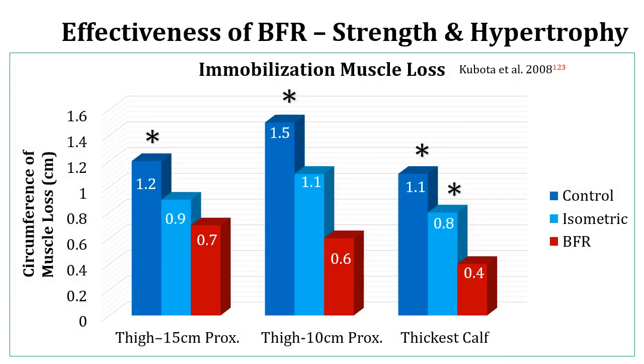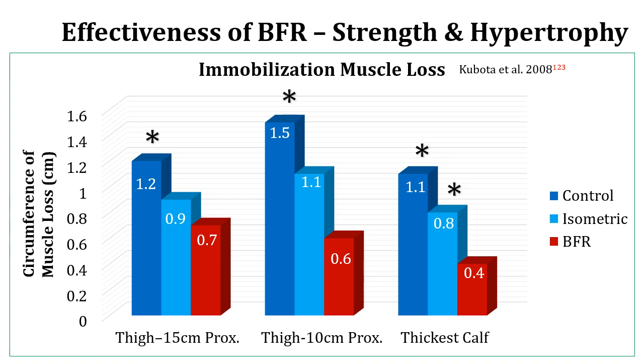Okay, so here we're looking at muscle preservation in the immobilized limb. On the y-axis you have the circumference of the muscle loss in centimeters, and they looked at the circumference across 3 different points within the limb: 15 centimeters proximal to the patella, 10 centimeters proximal, and then the thickest part of the calf.